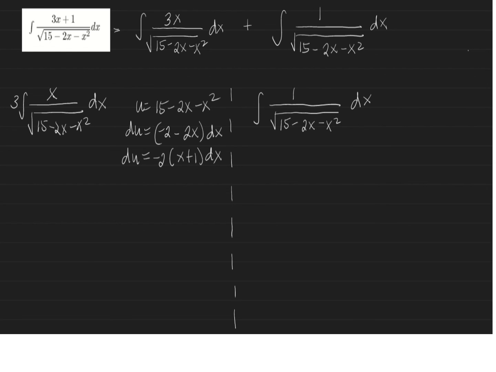Now for the substitution, observe that what we need is x plus 1 dx in our given, but we only have x in the numerator, so that we would be able to use the substituted form. We're going to add 1 to x. Now, since we added 1 to x, we need to ensure that we retain the actual given, which is 3x plus 1.